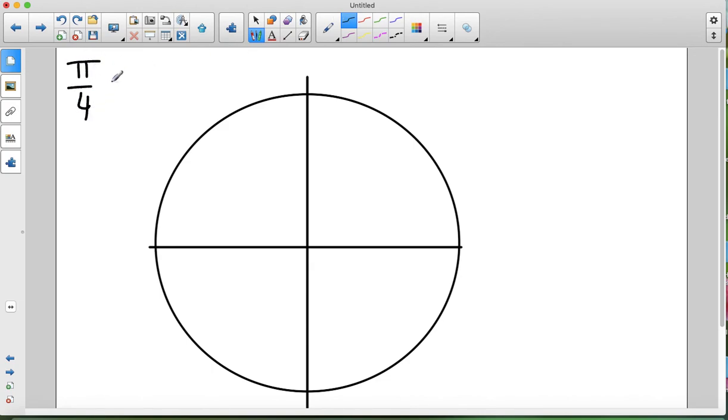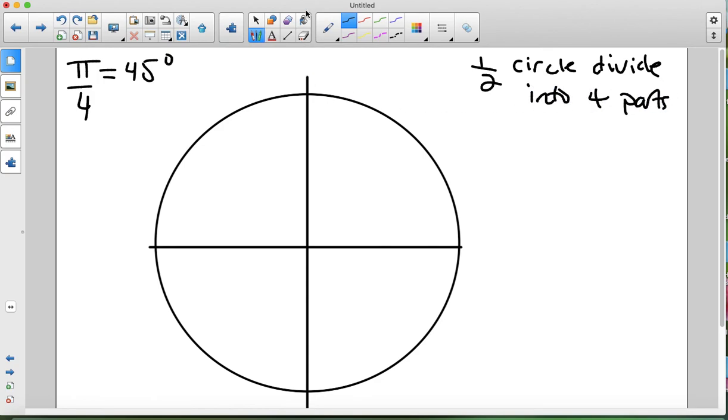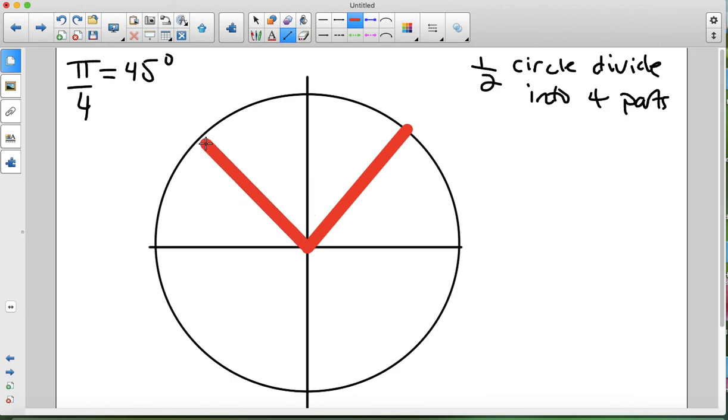The pi over 4 literally is like the pi over 2, but you're separating into 4 parts. So again, this is 45 degrees. You're going to take your half circle and you're going to divide it into the denominator, 4 parts. So I'm going to just literally go here and do this and this. That's not 4 parts.